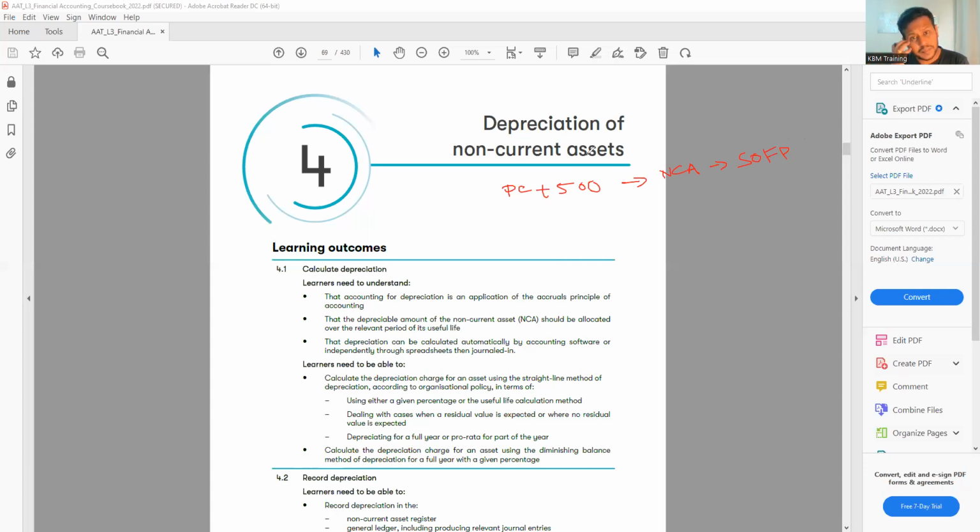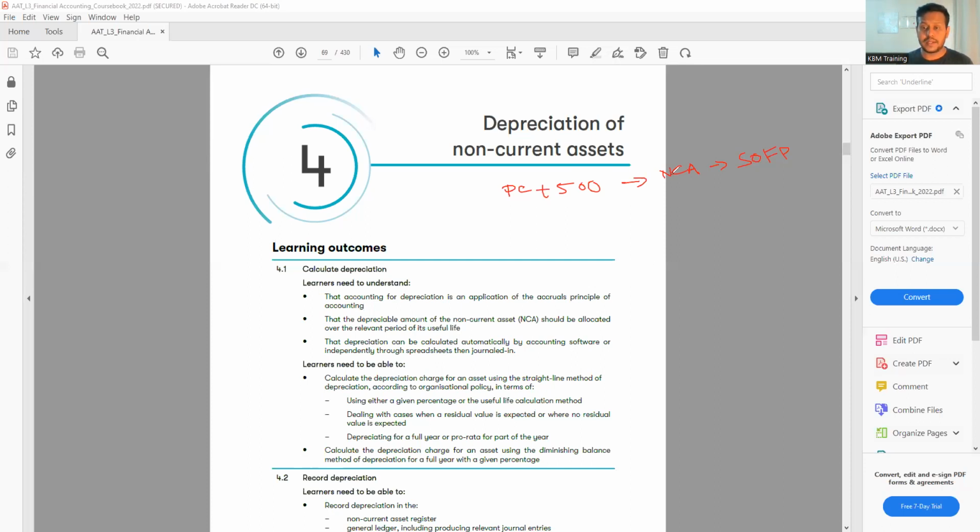Now, of course, it is possible it could be damaged or I could have sold it before 5 years. This is a different story. But for the time being, we are assuming we're going to use this asset for the next 5 years.